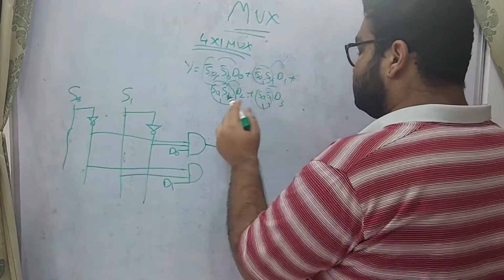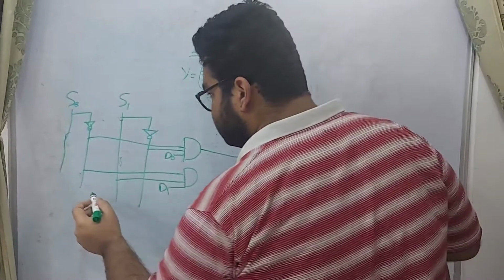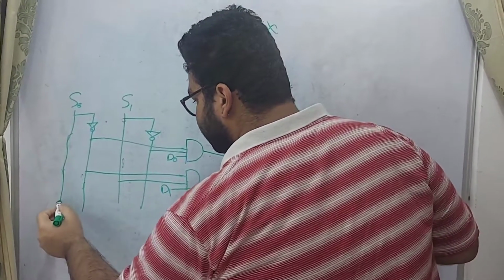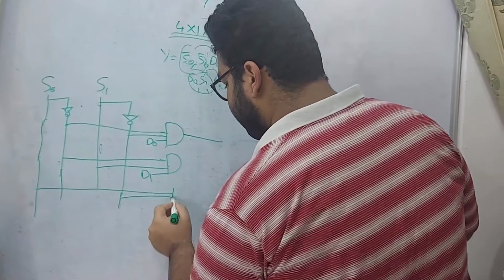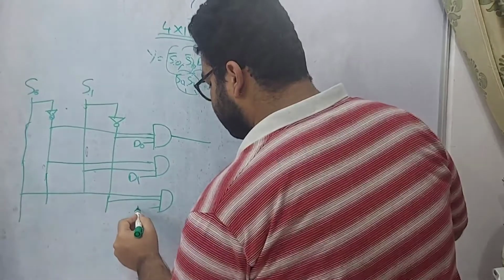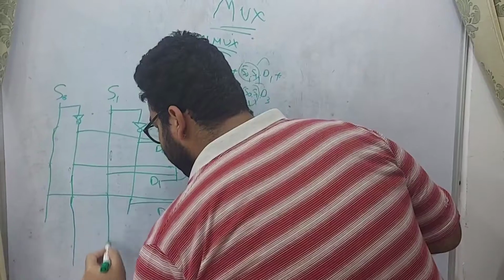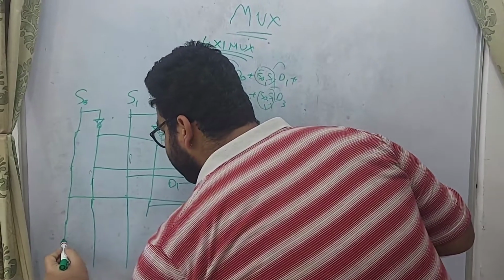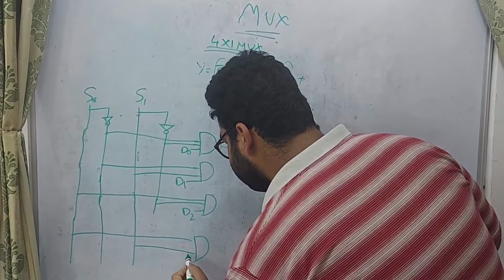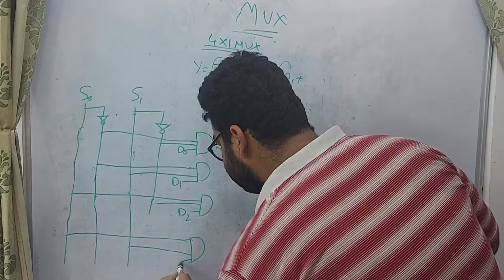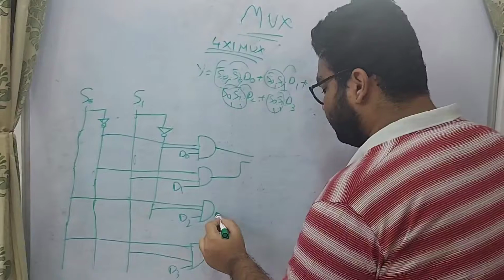So next is S0 and S1 bar, D2, and finally there are no bars, D3, and all are connected to an OR gate.